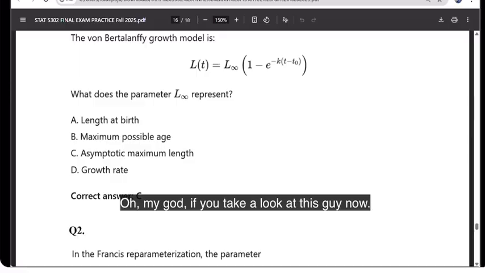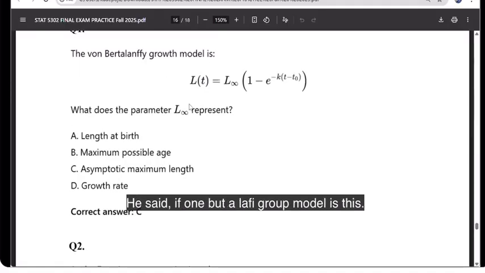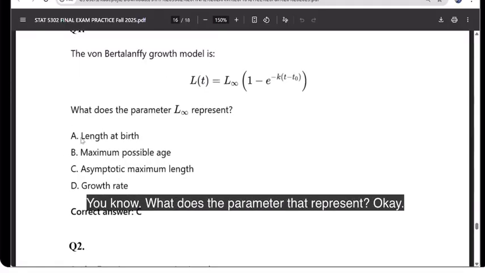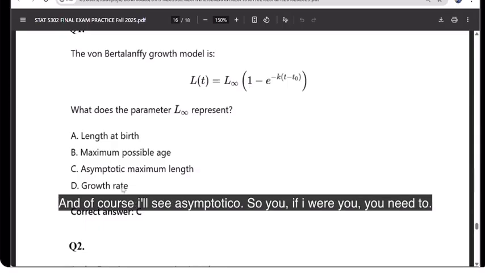If you take a look at this one, it says the Von Bertalanffy growth model is this, what does the parameter represent? The parameter is C, the asymptotic maximum length. So you need to understand what each parameter in a Von Bertalanffy model represents.